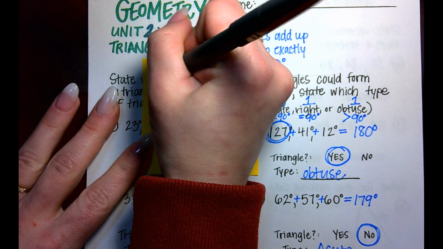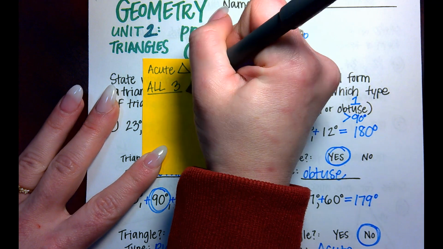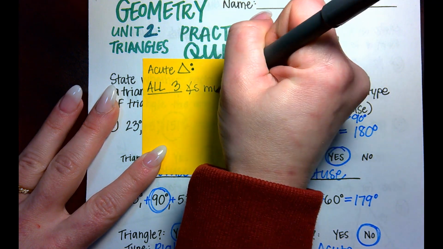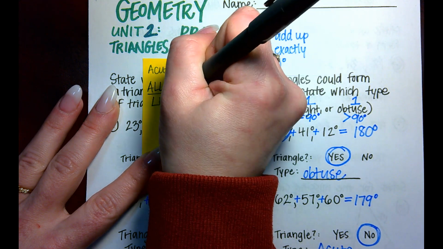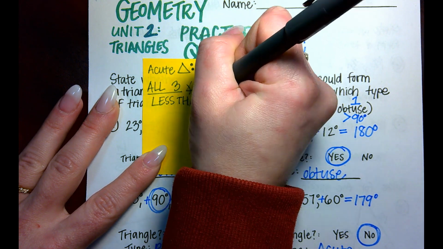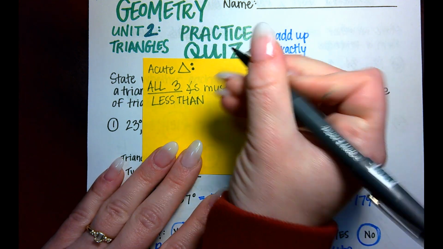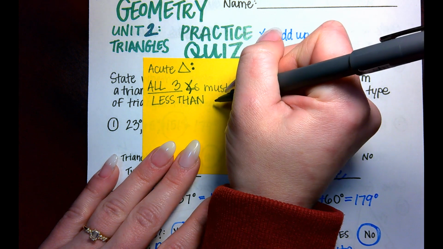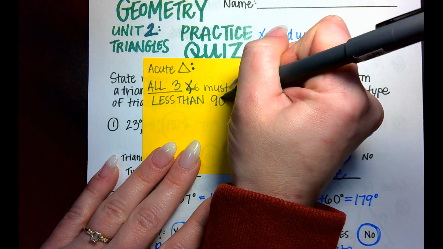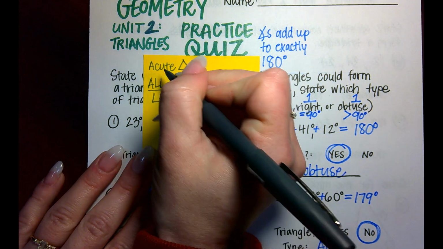Yes, all three angles must be less than 90 degrees. So if you have even just one angle that's bigger than 90 or exactly 90, it is not acute. It has to be all three. Okay, so there's our acute triangle.